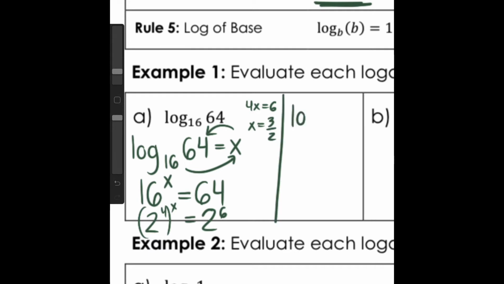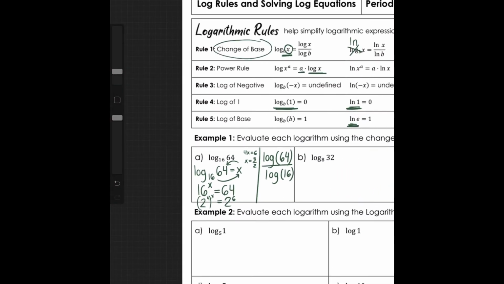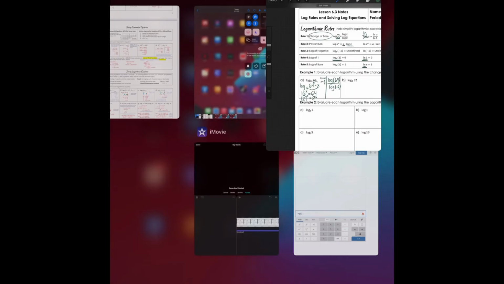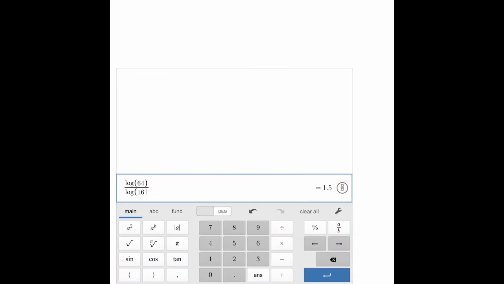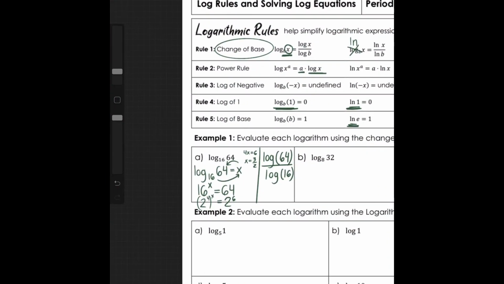The rule is it's log of 64 over log of 16. That's just using the change of base rule. And that comes out to be 1.5.